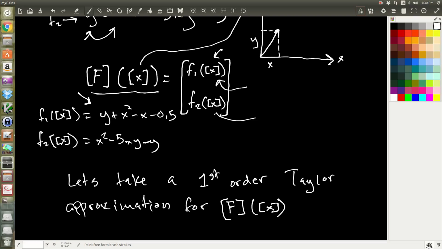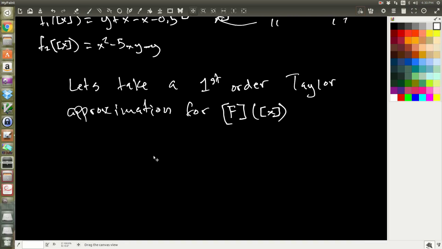Okay, so Taylor series for this one, and then the Taylor series for this one as well. And it'll be a vector that has the Taylor series for the first function as the first component, and the Taylor series for the second equation as the second component. So let's do that.